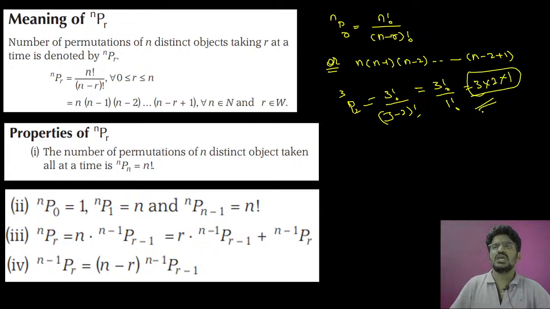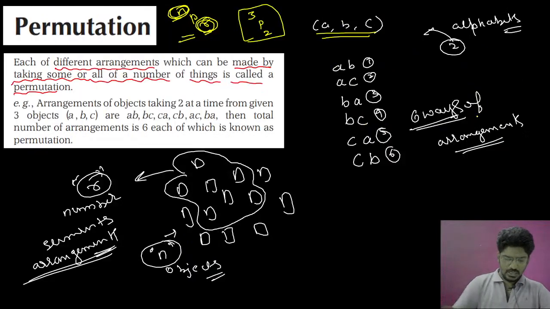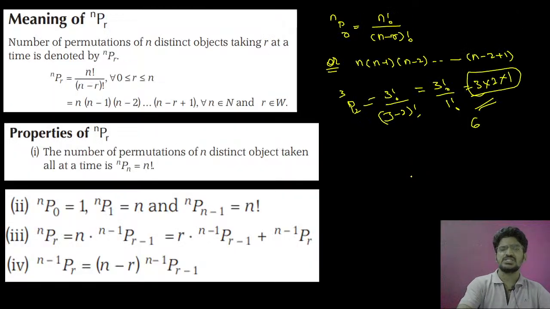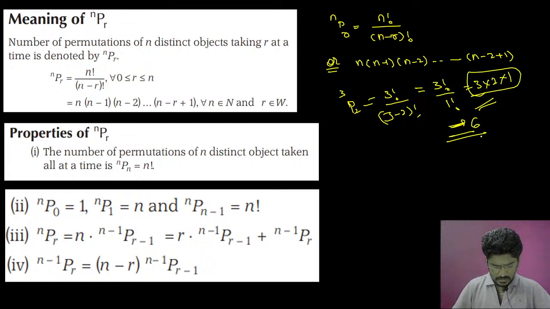Okay, so see here you got 6. Here also you can check, you got 6 ways. Here also you got 6 ways. So now you can see this is 3P2, that is 6 number of ways. Clear?